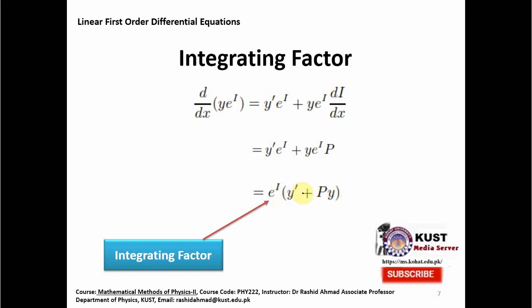So we were left with y prime plus py is equal to 0. So you see that the left hand side of this equation is getting multiplied with some kind of a function. We called it the integrating factor. So when you multiply the equation with the integrating factor, then you get some solution of it, or you can solve it.